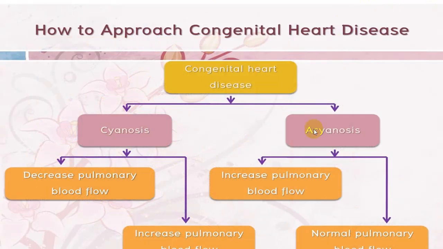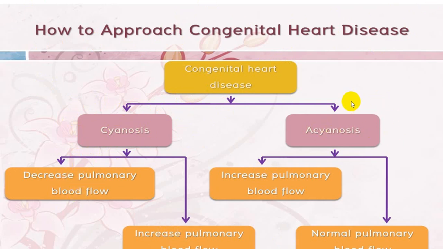So whenever you suspect a person to have a congenital heart disease, first always look whether there is cyanosis or not. If there is cyanosis, you call it cyanotic heart disease. Now in cyanotic heart disease, we have two groups: decreased pulmonary blood flow and increased pulmonary blood flow.